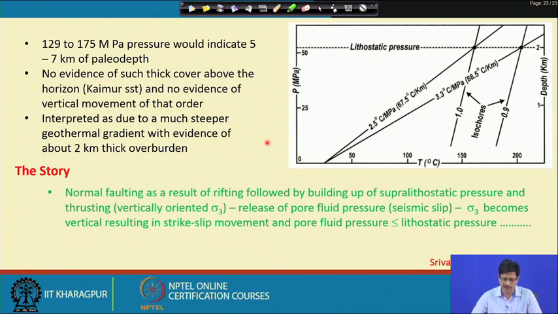But what is evident, or what is more important here, is that fluid inclusions have come up in making some conclusions which are actually far reaching and very important. That only reminds us of the fact that these objects may be tiny, but the conclusions drawn from the information obtained from them are great.